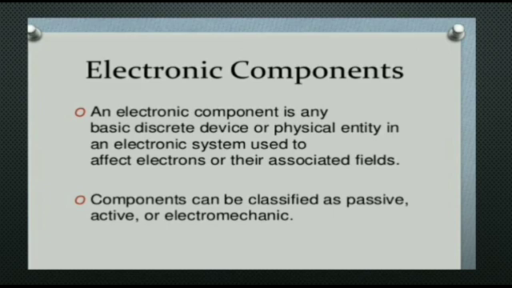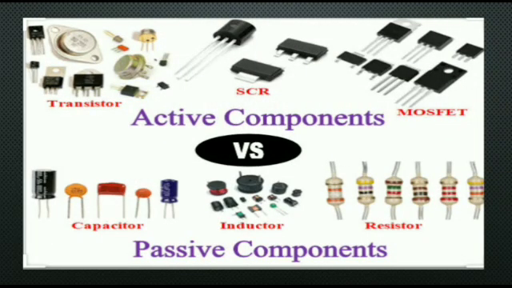The electronic components can be classified into two types: one is active components, another is passive components, or another name is electromechanic items, right? So the electronic components are divided into these two types.